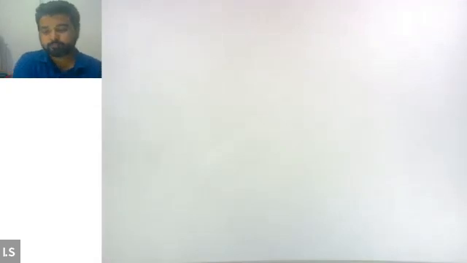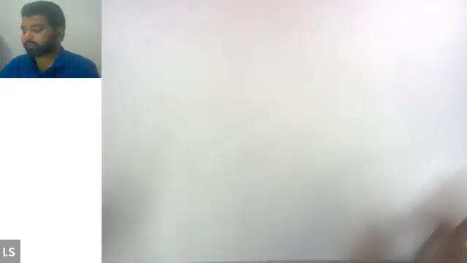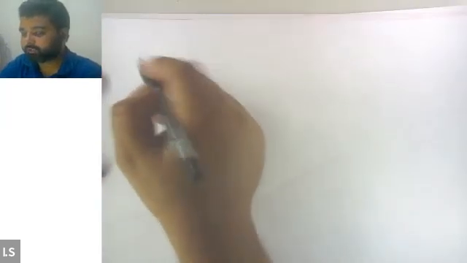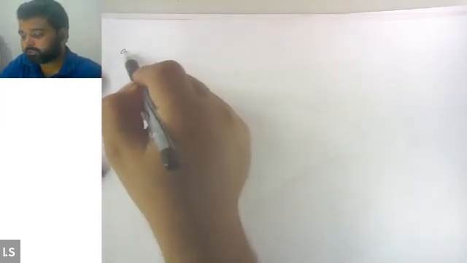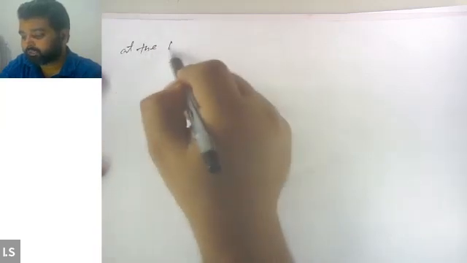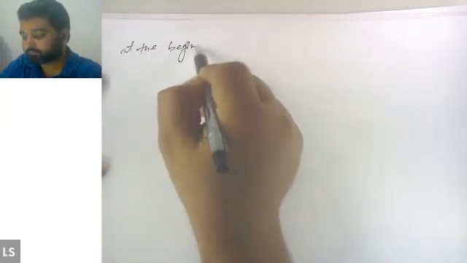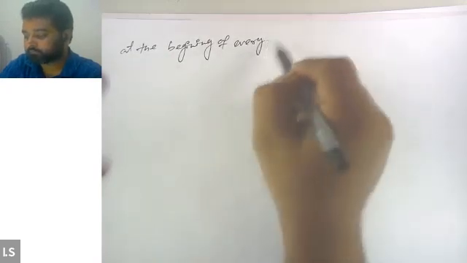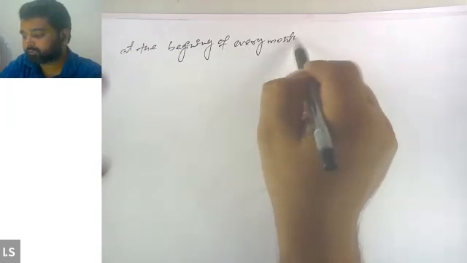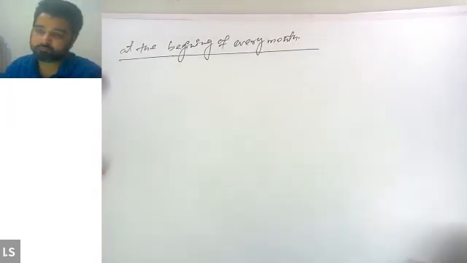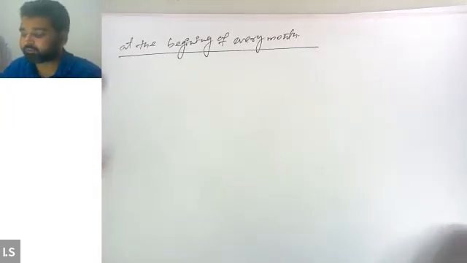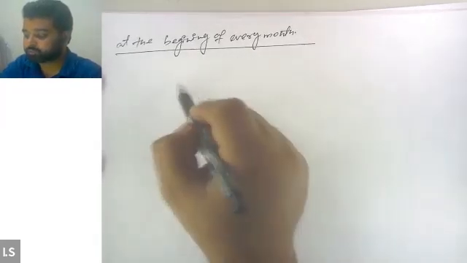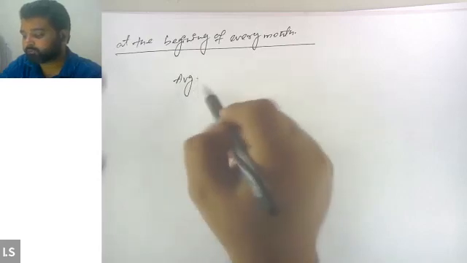For example, it is given in the question that the partner withdrew funds at the beginning of every month. It is given in the question that a certain amount of fund is withdrawn every month, at the beginning of every month. Then in such a situation, how do we calculate average period?